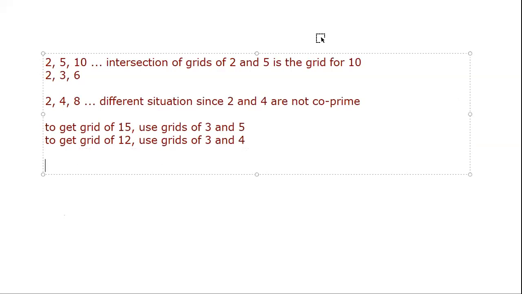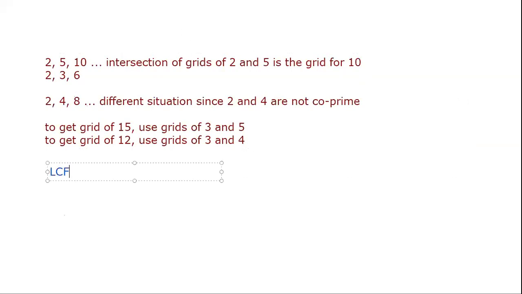One question was: why don't we have LCF, and why don't we have HCM?